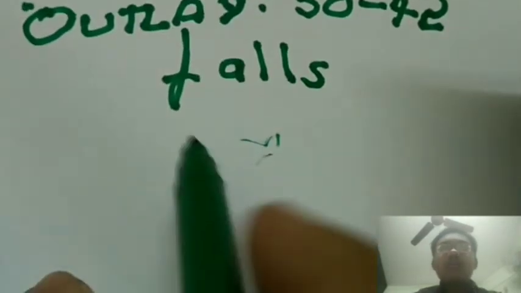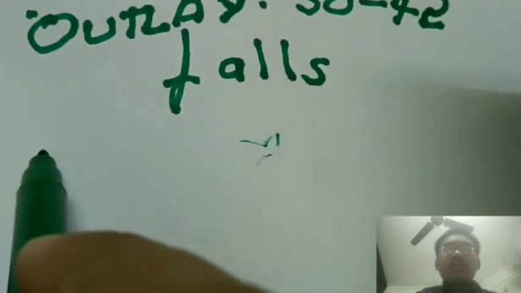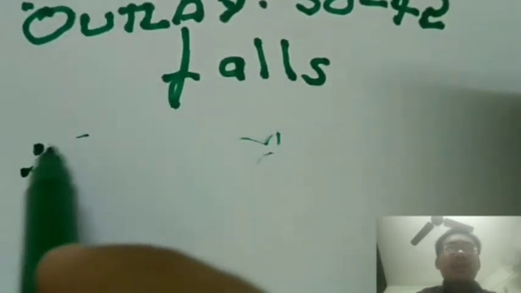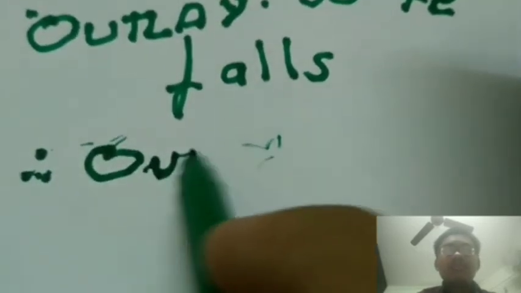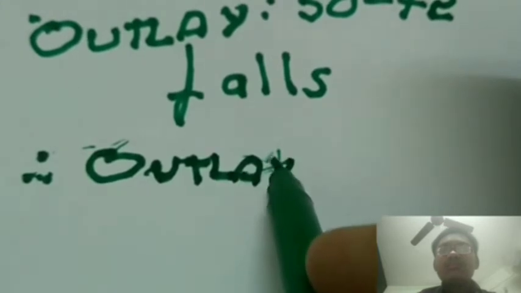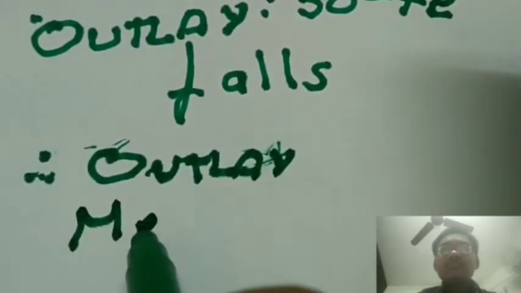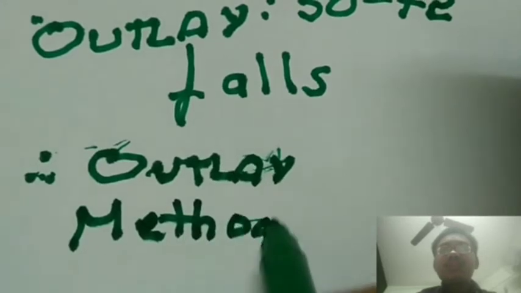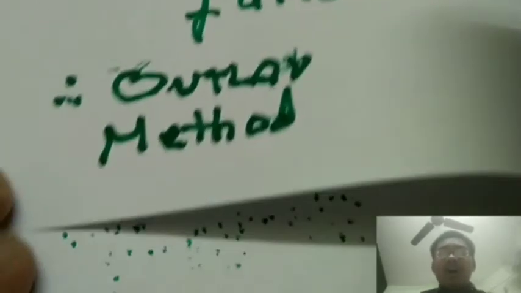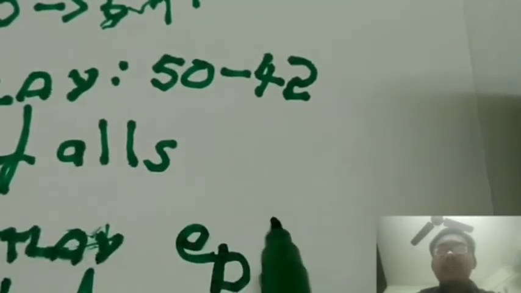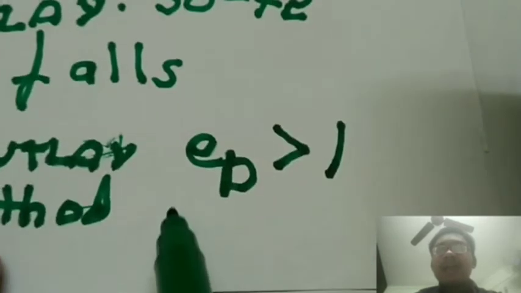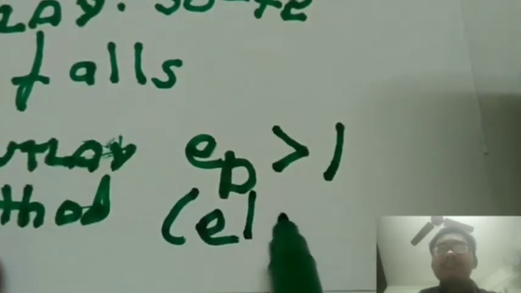Price rises and outlay falls, therefore, by the outlay method, ED is greater than 1, so demand is elastic.